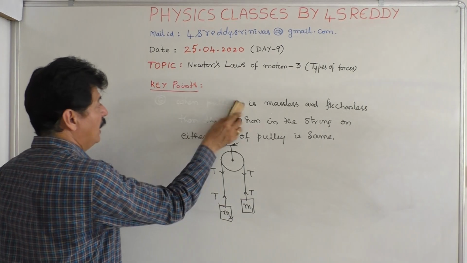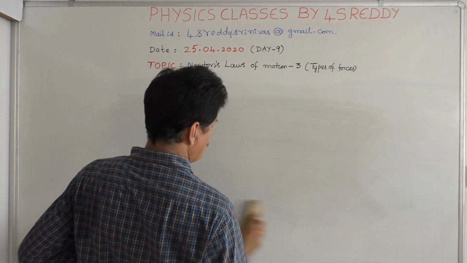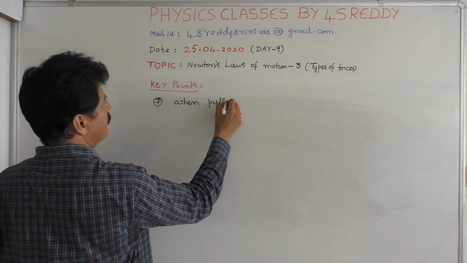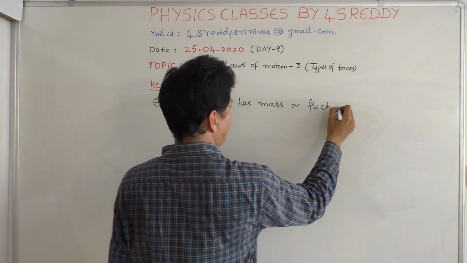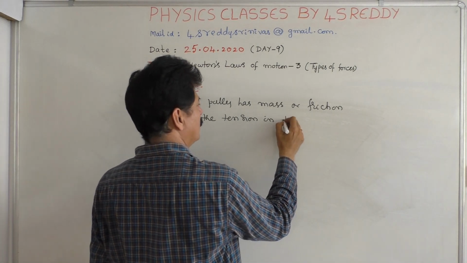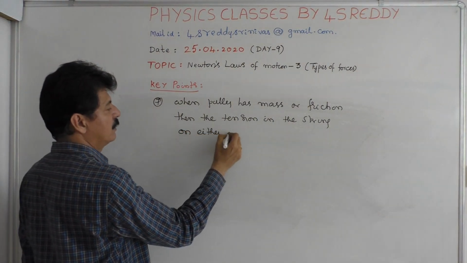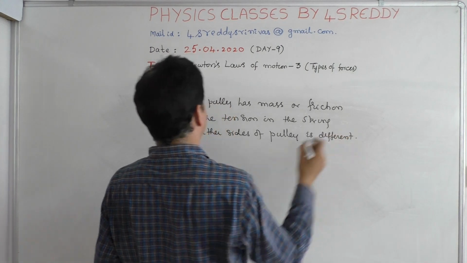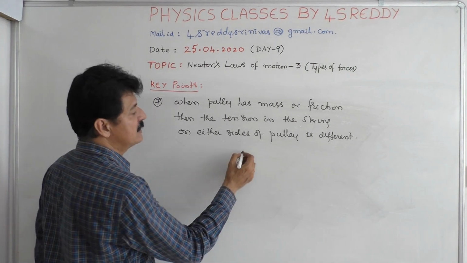And the last point here, when the pulley has mass or friction, then the tension in the string on either sides of the pulley is different.